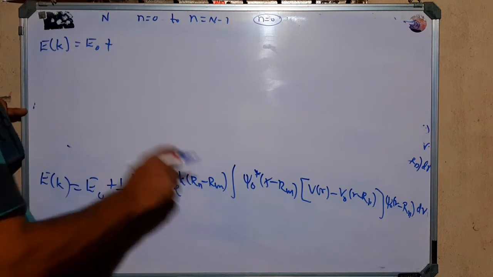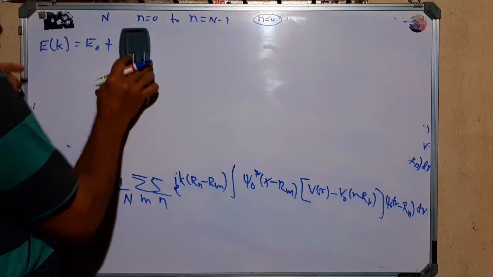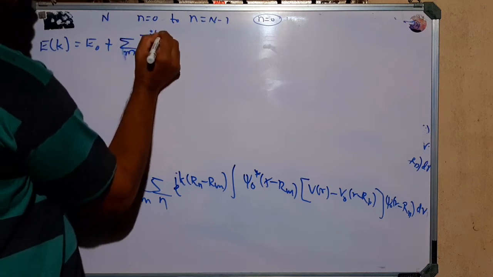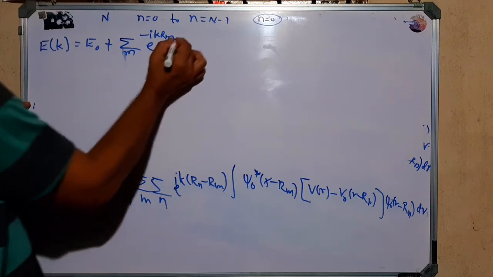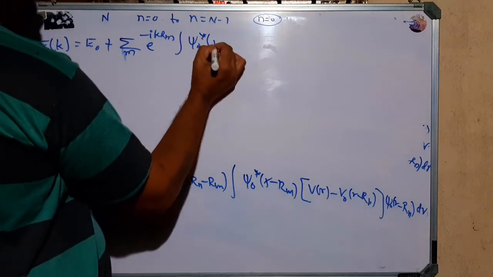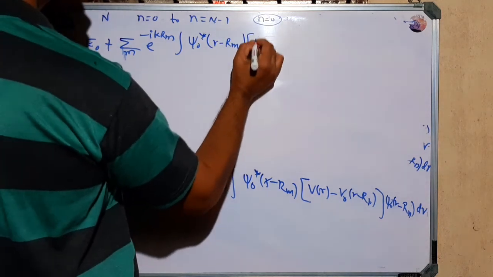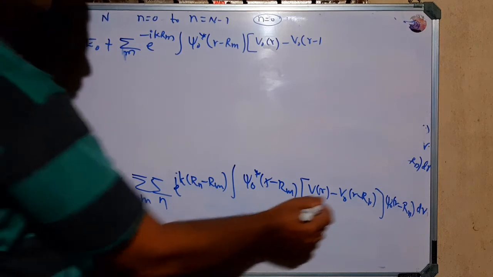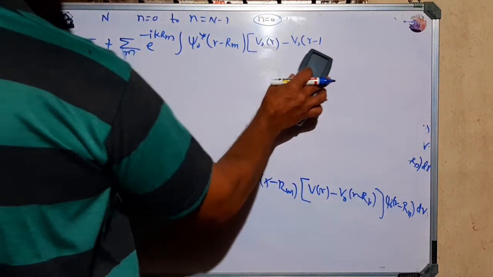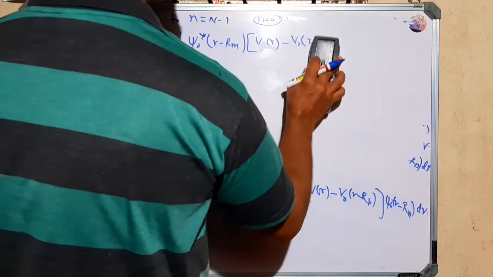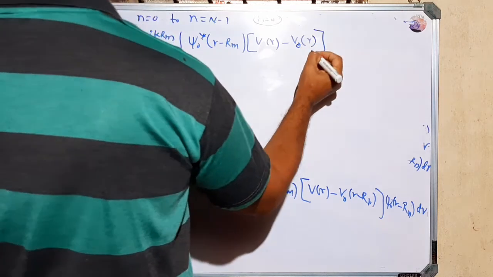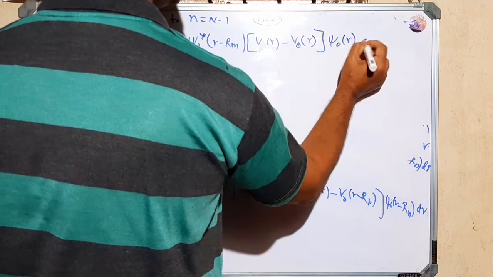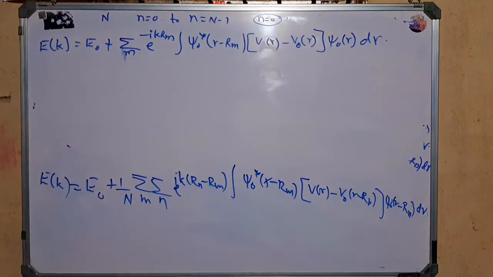Distance is 0, so only m terms remain: e to the power minus ik into Rm, integration xi naught star (R minus Rm) into [V of R minus V naught of R] into xi naught of R, since Rn is 0, dr. This is what you are getting.